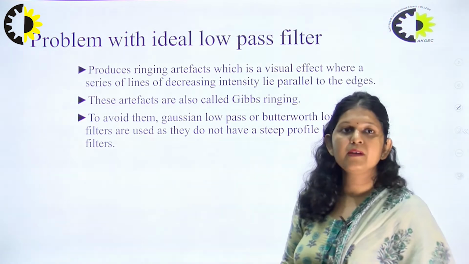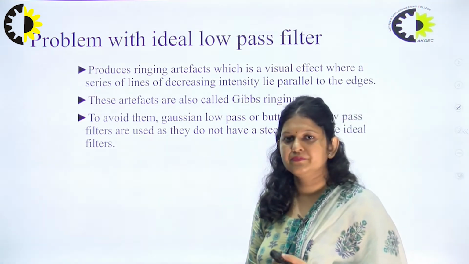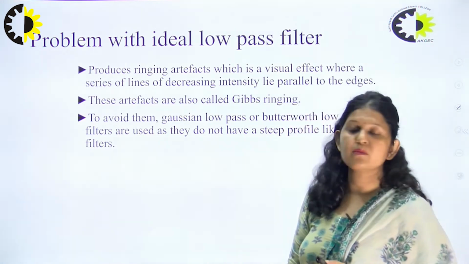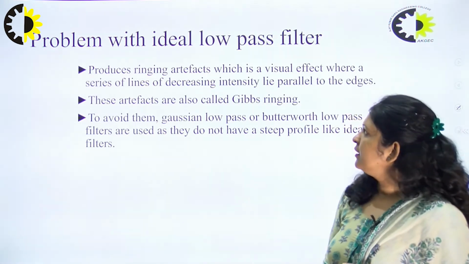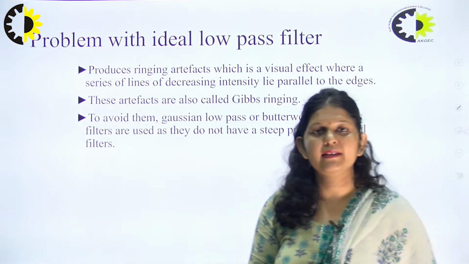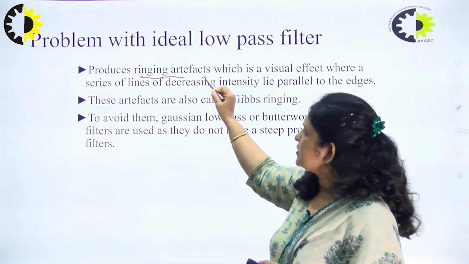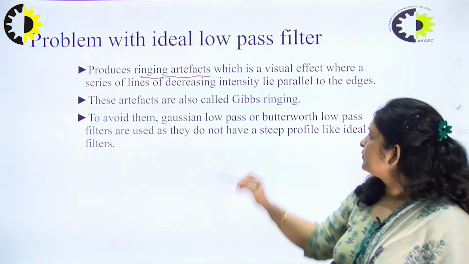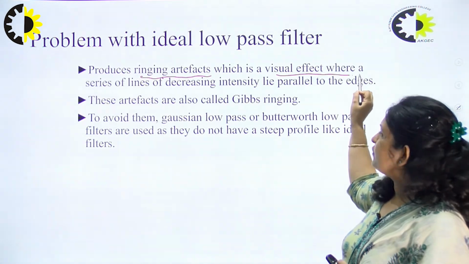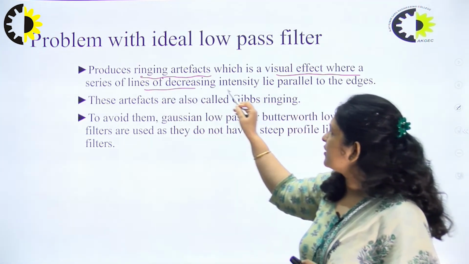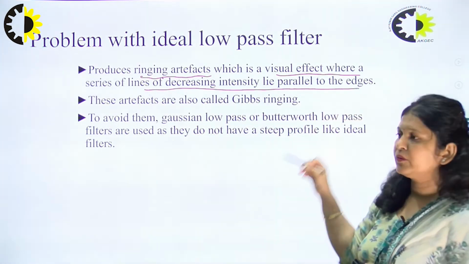Now what is the problem with the ideal low pass filter? One of the most important problems that we face when we apply the ideal low pass filter is the ringing effect. It produces ringing artifacts, which is a visual effect where a series of lines of decreasing intensity lie parallel to the edges.